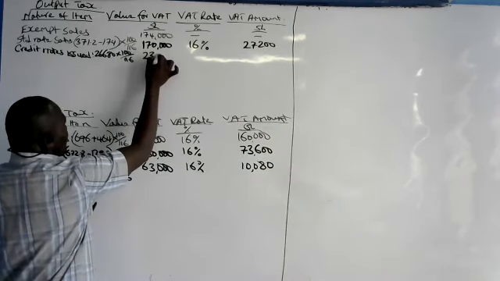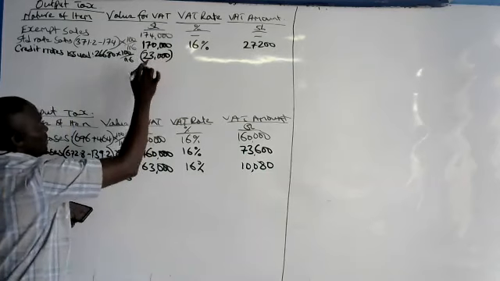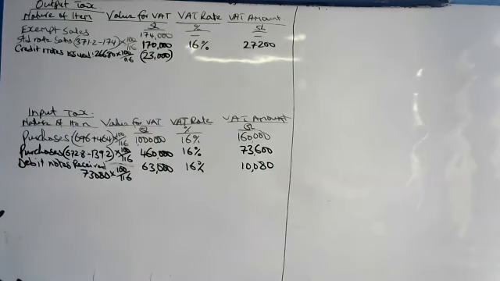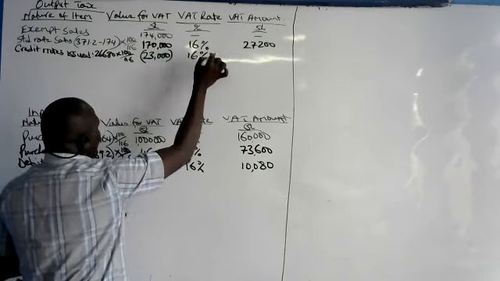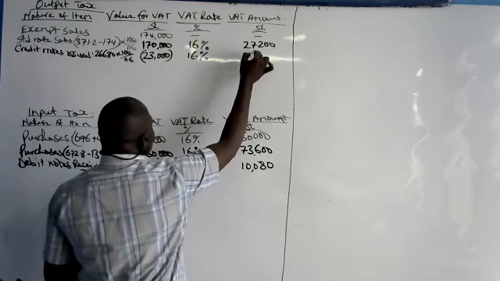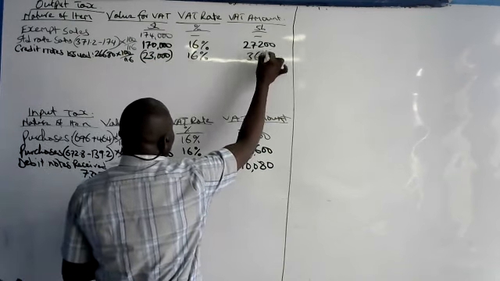Positive or negative? It's now operating an overcharge. It's a credit note still. So 16%. Sorry, 68. That's 68. It's a negative.